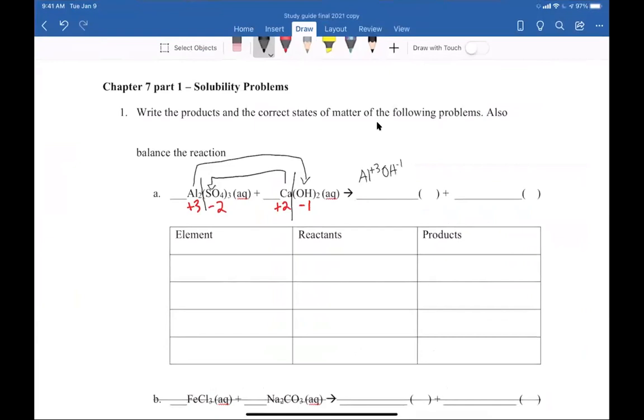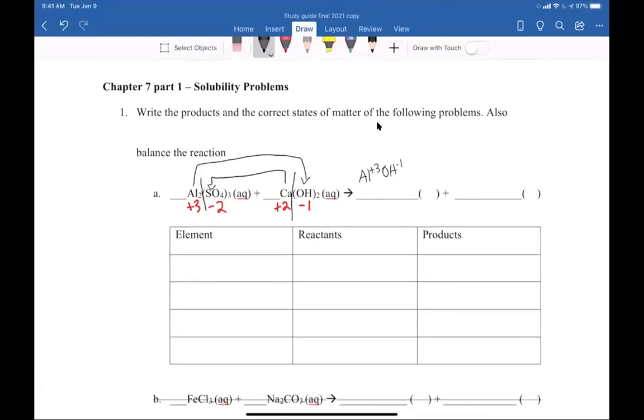Do we need more Al? Do we need more OH? What do we need more of? How do we balance these charges? We need to balance these charges. How do we do that? Anybody?